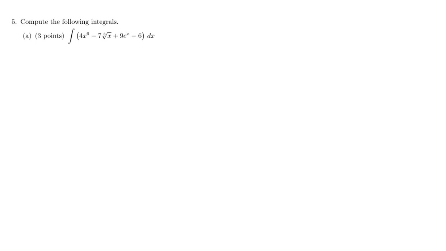Compute the following integrals. You now have to use the following formula. Whenever you have integral of x to some power, you're supposed to add 1 to the exponent and put the reciprocal of this number in front.